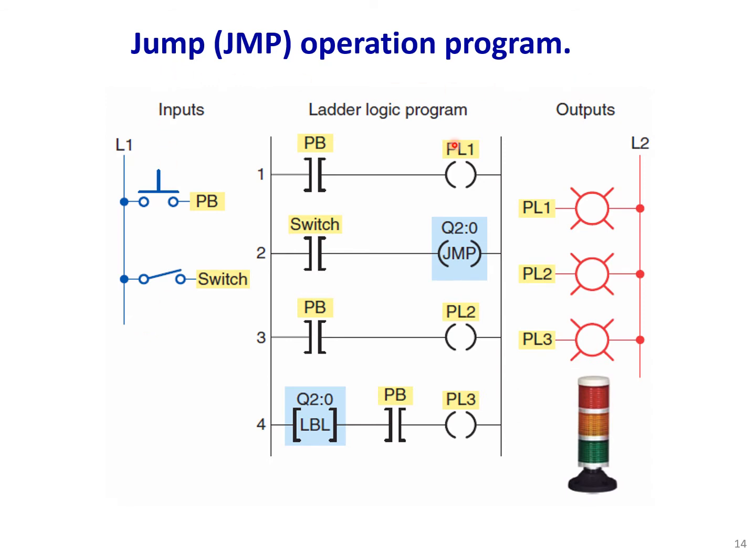Jump operation program. Here we have one example, a jump and the label. When the jump is energized, instead of scanning rung 3, we jump to the label and read rung 4. So we are skipping rung 3 completely in the program, but the label itself doesn't contribute to the logic of this rung.